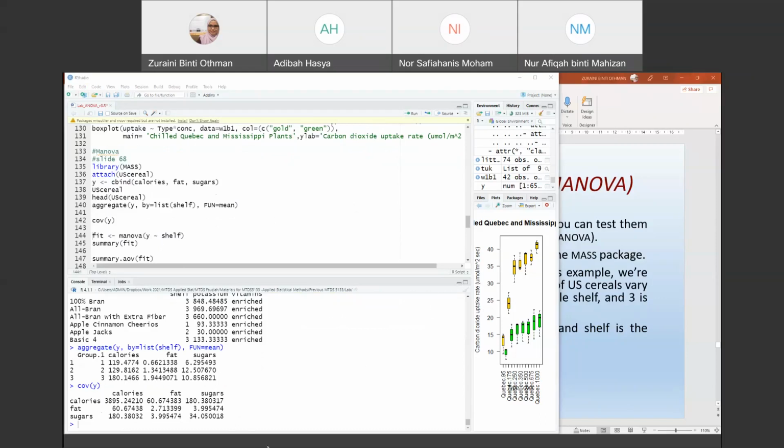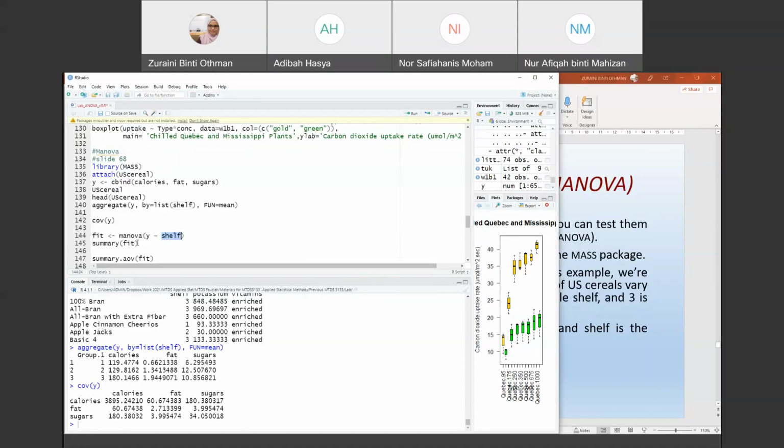Then we find the Anova. Okay, multivariate. Okay, then this is our variable now.